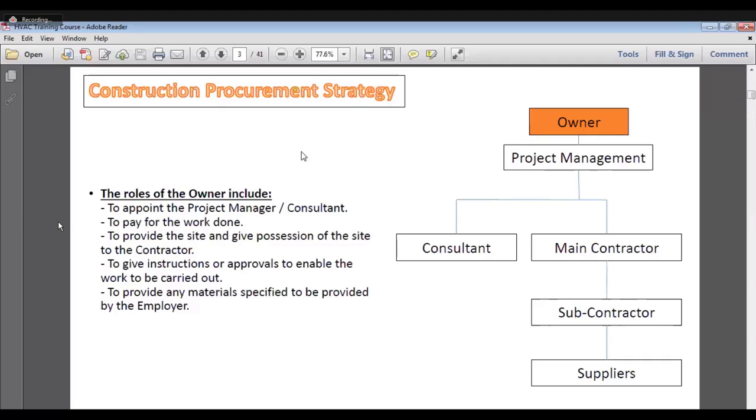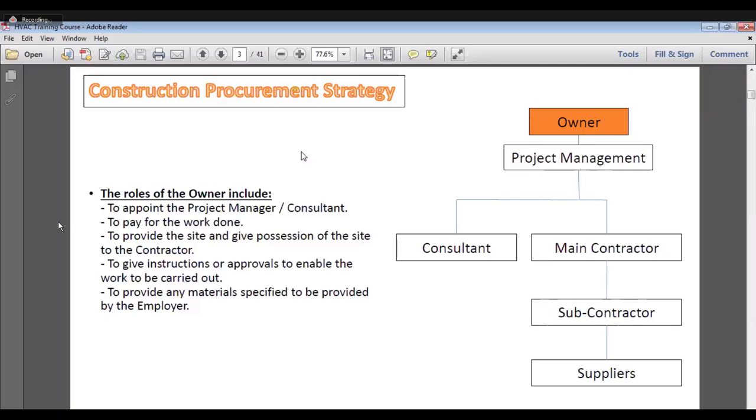So, from your experience, what is the difference between the consultant and the contractor from your field of expertise? What is the main difference between the consultant and the contractor? In general, from your experience.